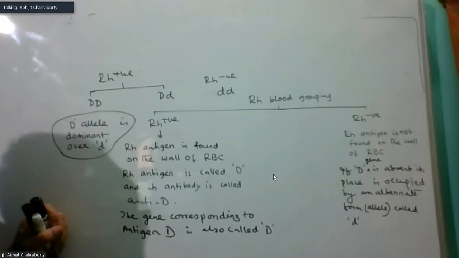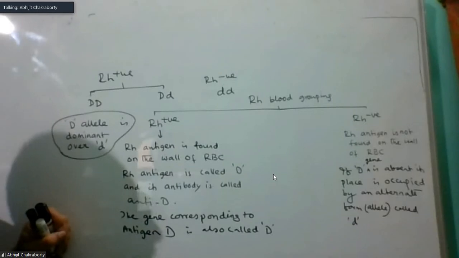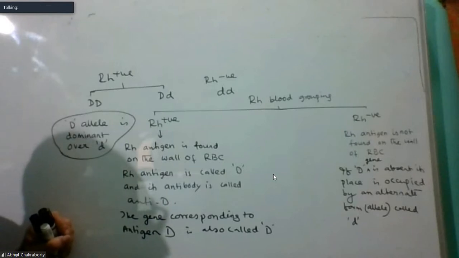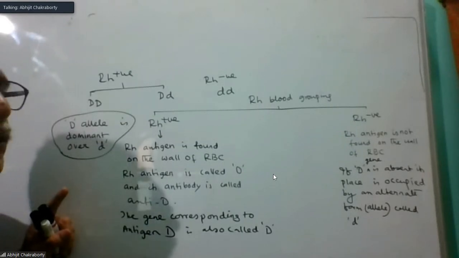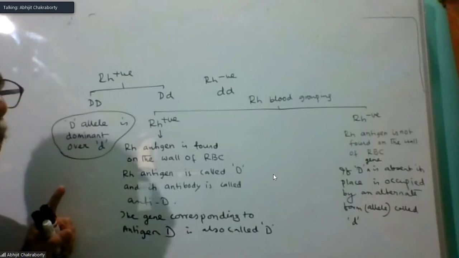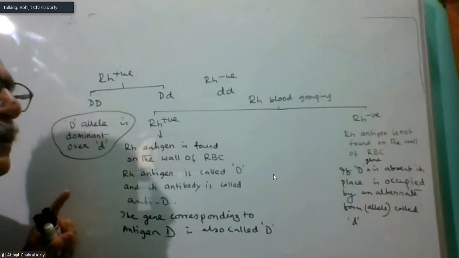Is it clear to everybody? Is it clear now? Rh grouping is based on the presence of Rh antigen on the wall of the RBC.